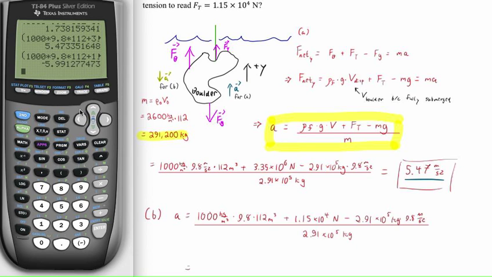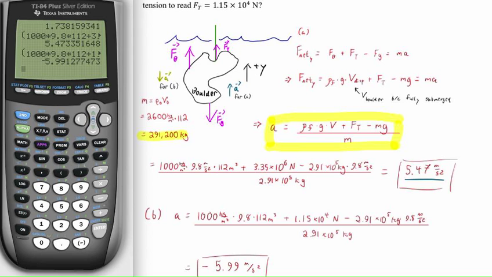But look, now we get a negative acceleration. So there's our value, negative 5.99 meters per second squared. Negative here, of course, tells us that it is downwards. So color code that one as well.